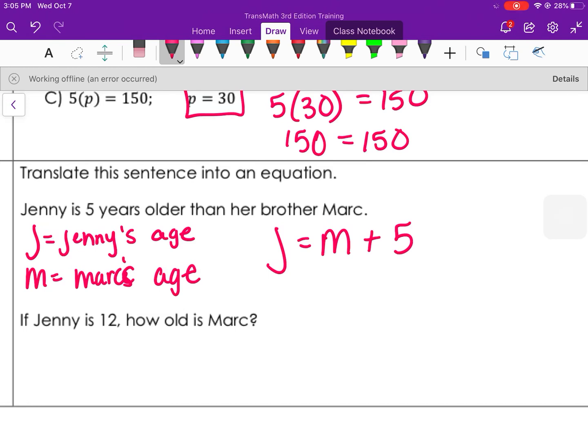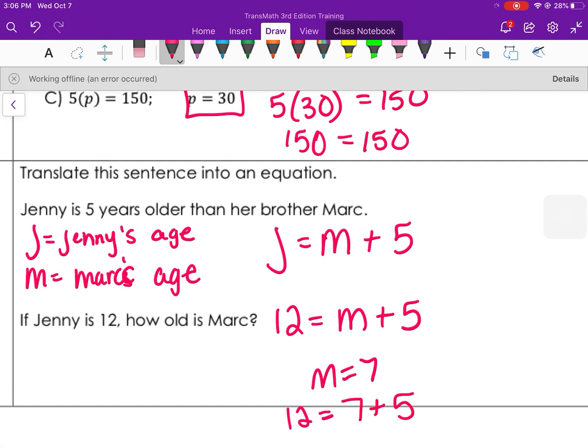If Jenny is 12, so 12 equals Mark's age plus 5. If Jenny is 12, how old is Mark? Well, what number plus 5 would be 12? Hopefully you said 7, because 7 plus 5 is 12. So that means that Mark is 7.